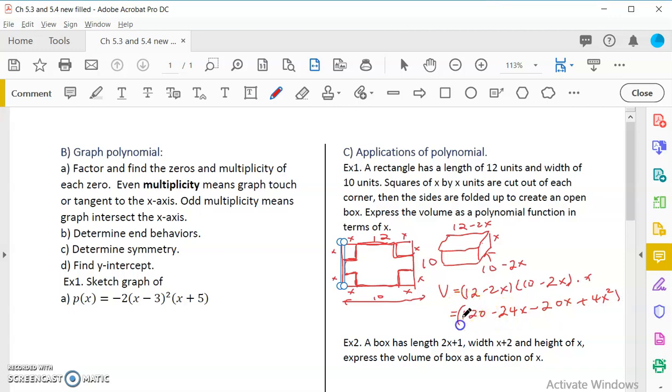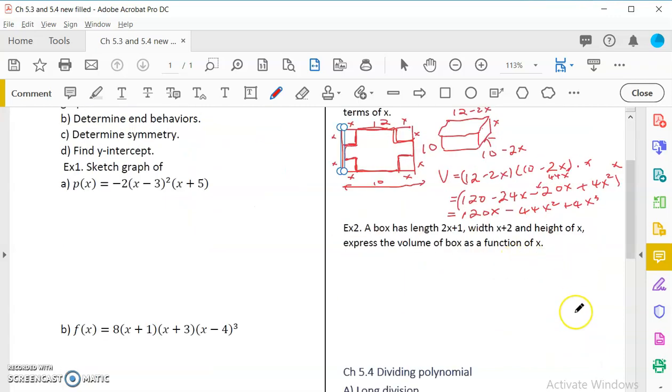And then all multiplied by x. So you can combine like terms of 24x and 20x, so it will be 44x. And then you multiply the x inside, so that would be 120x minus 44x squared plus 4x cubed. So this volume can be modeled by this polynomial function.